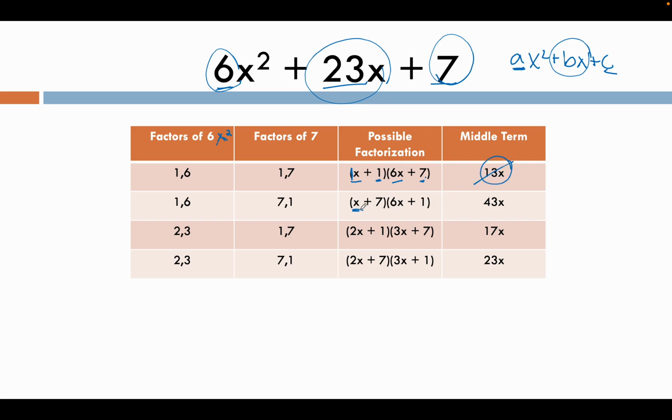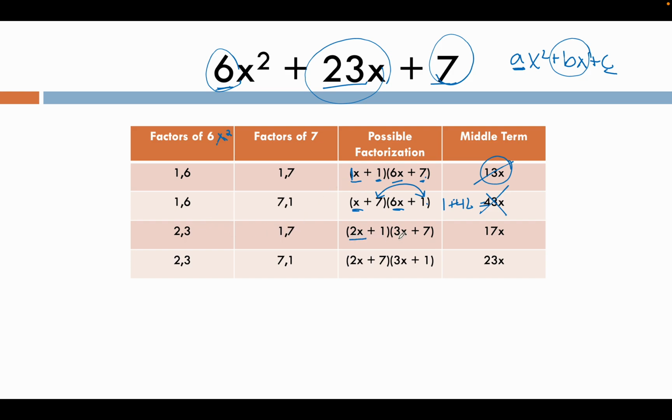I'm going to keep the x and the 6x in that first position, but I'm going to flip-flop the 1 and the 7, because now my middle term is going to be x times 1, which is 1x, and 7 times 6, which is 42, and 1 plus 42 is 43, which again is still no good. Now that I've tried all my possible combinations with 1 and 6, I'm going to try 2 and 3 with my 1s and 7s.